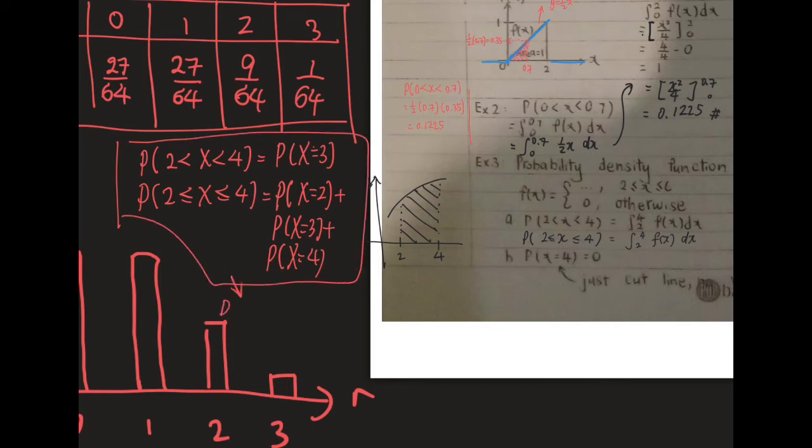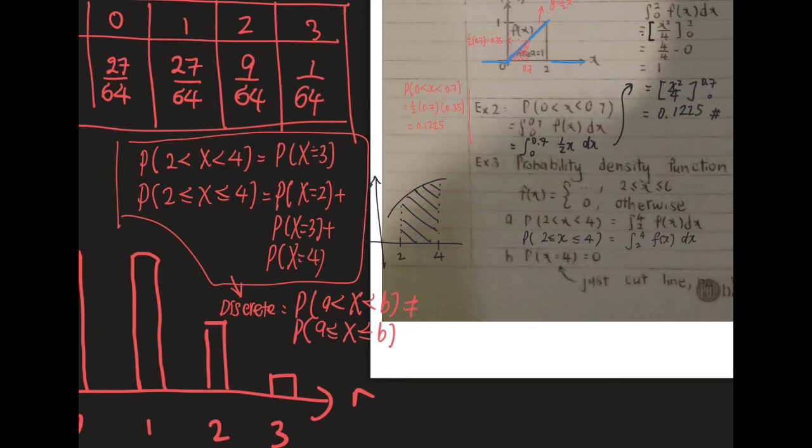In general, the probability from A to B is not the same as the probability from A to B inclusive. Not the same.